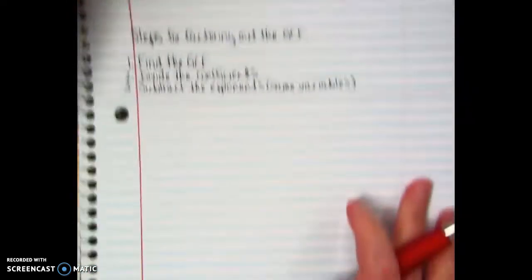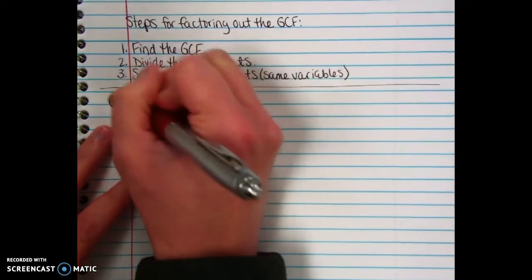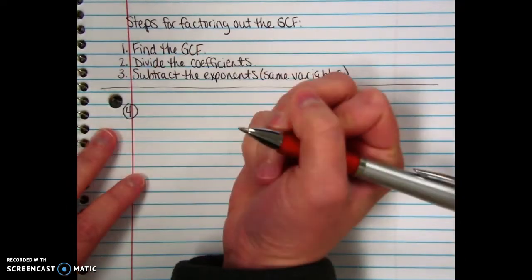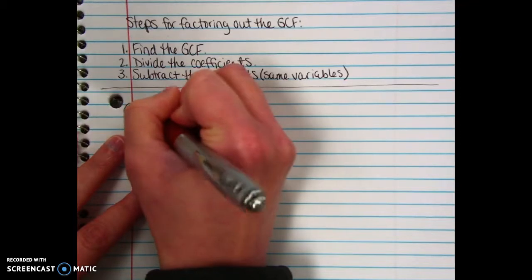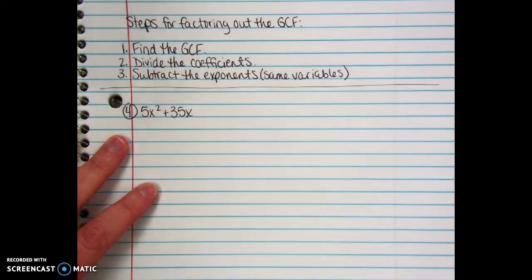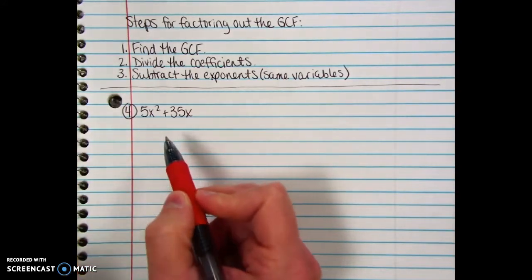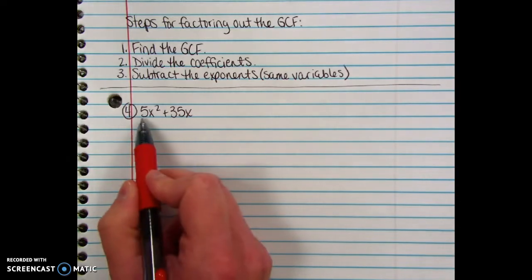I'm going to scoot this up a little bit. Okay, number 4. 5x squared plus 35x. Okay, so looking at the coefficients, 5 and 35, now your GCF cannot be higher than the smallest number you have. So it could be 5 or below.